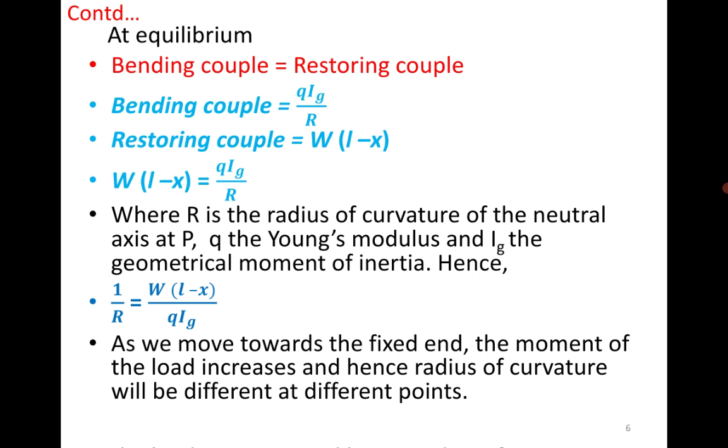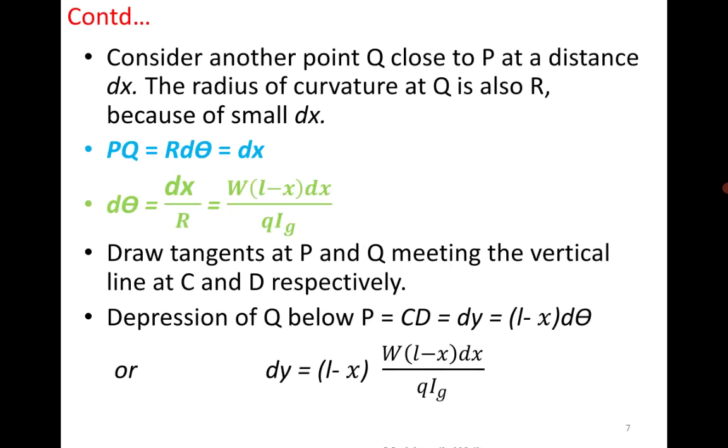As we move towards the fixed end, the moment of the load increases because the distance L minus x decreases, and hence the radius of curvature will be different at the different points. Consider another point Q close to P at a distance dx.